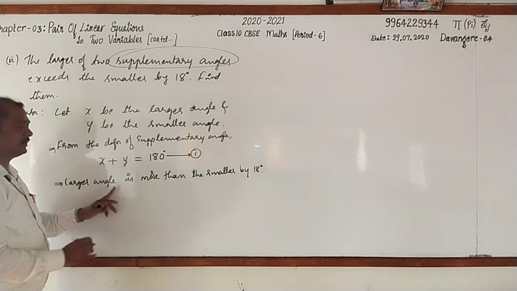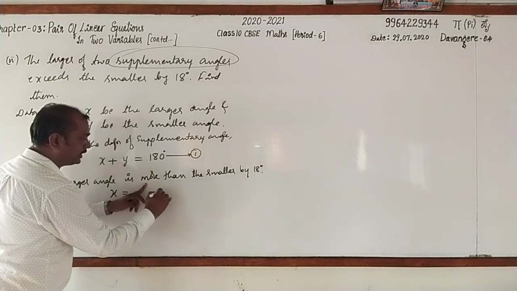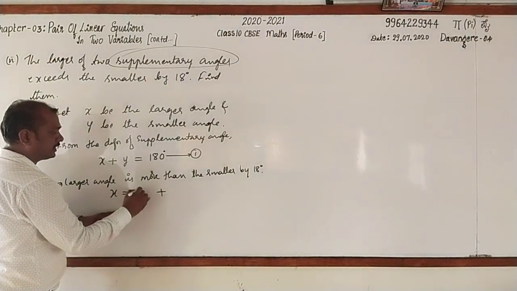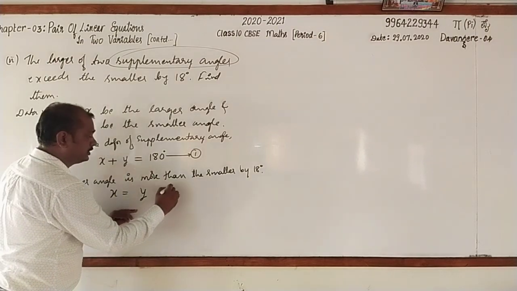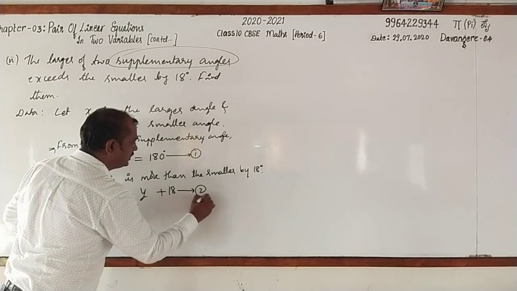Which is the larger angle? x is more than the smaller angle. The smaller angle is y. By how much? 18. Clear? Yes. You may call this equation 2.